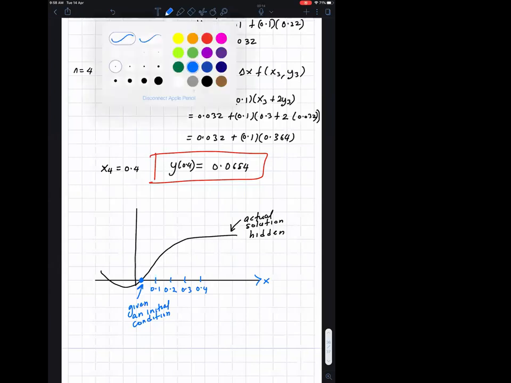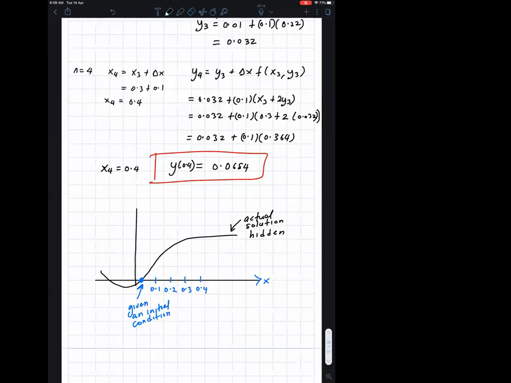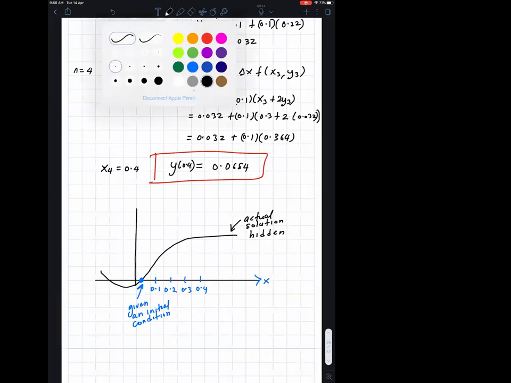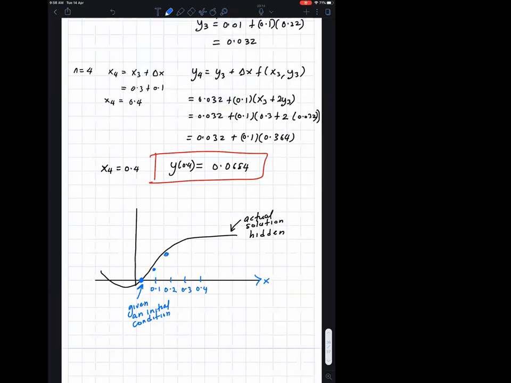For each of these X values, given the initial condition, we calculated the subsequent X1 and Y1 values to approximate the solution to the actual curve. Something like this. That's what we are doing. Okay. Any question?